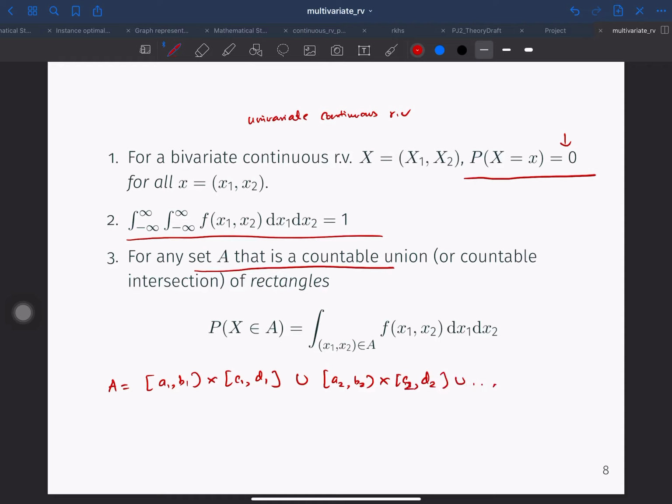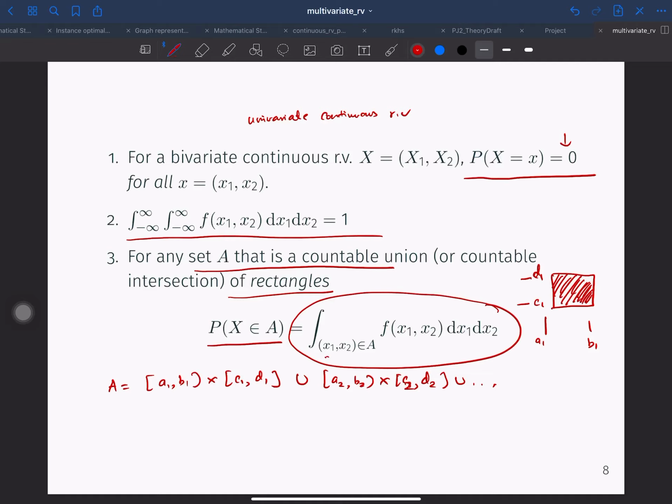So we think of this rectangle here, this is A1, and this is B1, and then C1 and D1. Then we can think of this as the rectangle covered by this region here. So if A is a union or intersection of rectangles, then the probability that the random variable X belongs to A is simply obtained by integrating the joint PDF over the region defined by A.